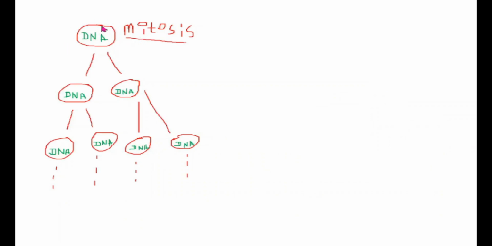Mitosis, simple diagram: consider this is one cell containing the DNA, the genetic material. Before this cell division, there should be the division of genetic material. DNA divides first, then the cell will be divided into two, then DNA divides, then the cell will divide. The process will continue in such fashion, which is very important to maintain the genetic similarity between the parental cell and the daughter cells.